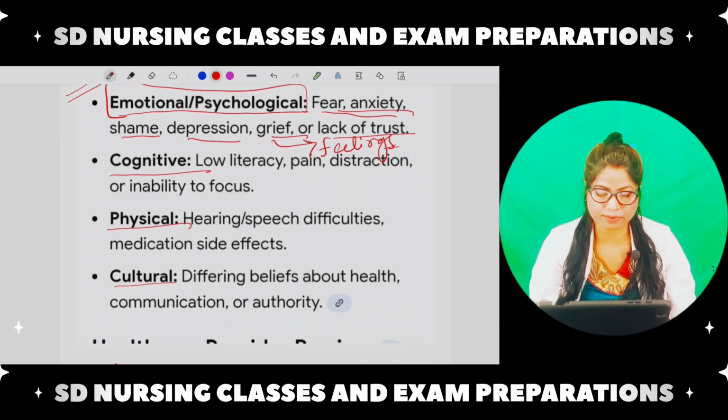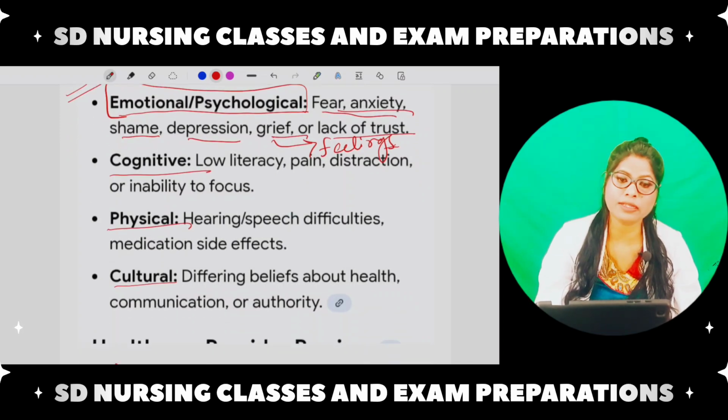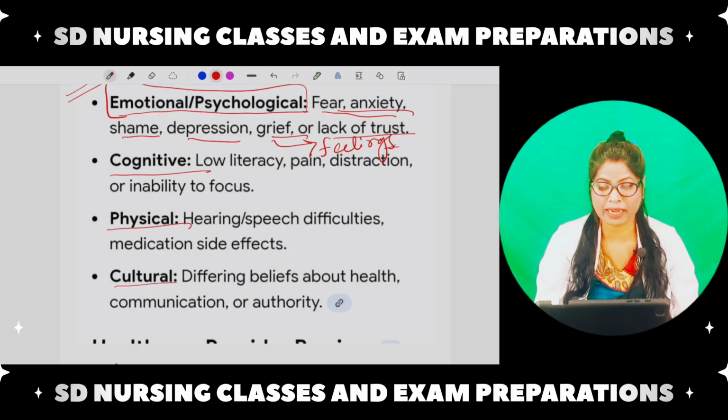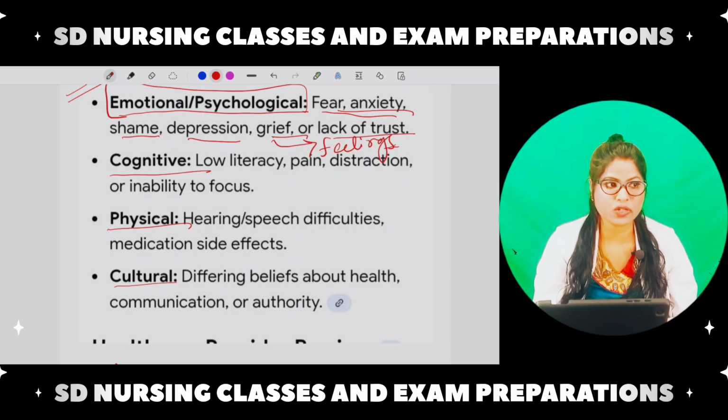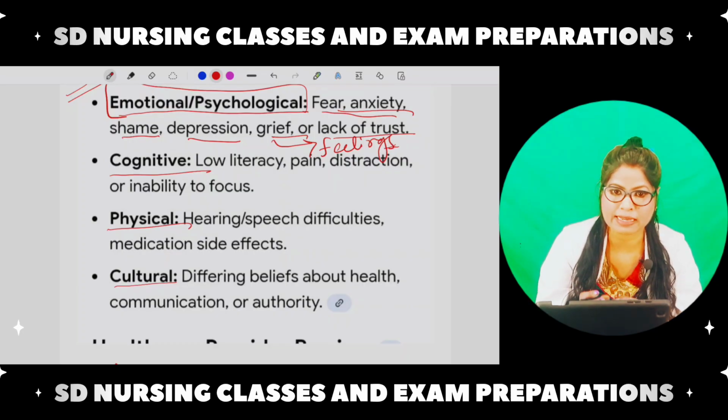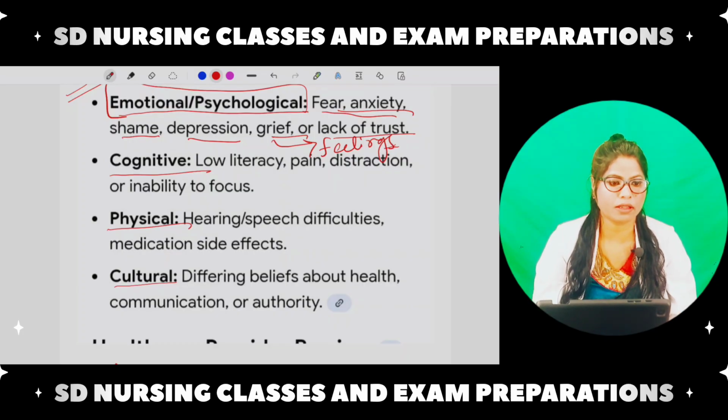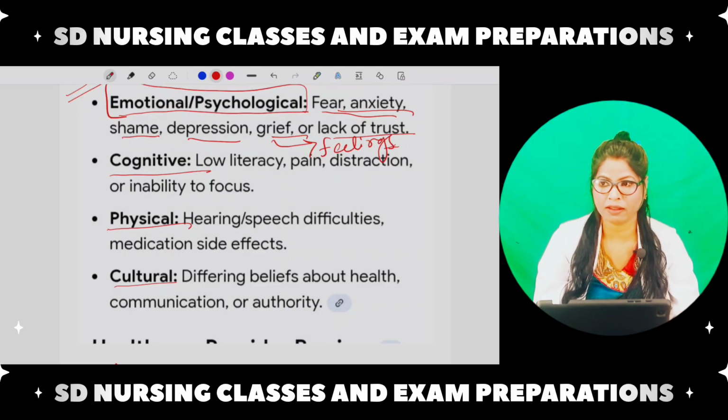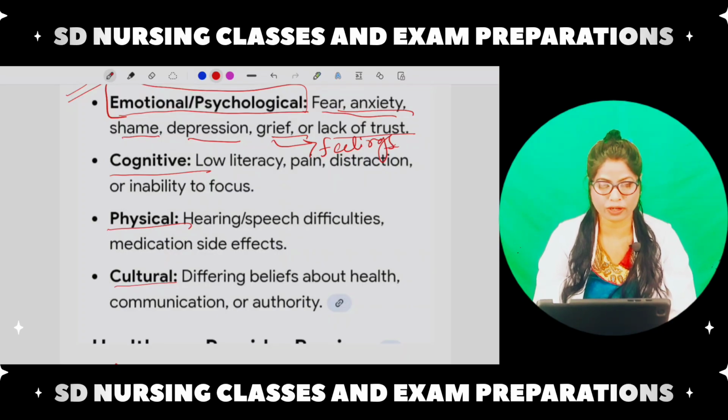And next is what? Cognitive. Cognitive means low literacy, pain, distraction or inability to focus. Sometimes the patient can't focus on anything you are saying. If you are saying something, the patient may look here and there, with no eye contact. He doesn't want to make any eye contact with you.